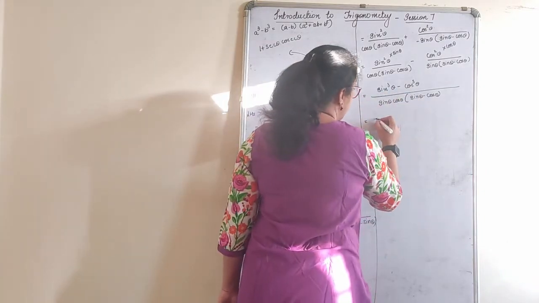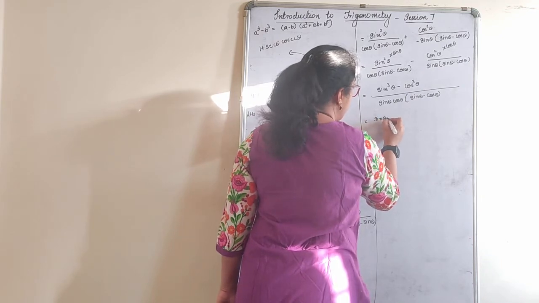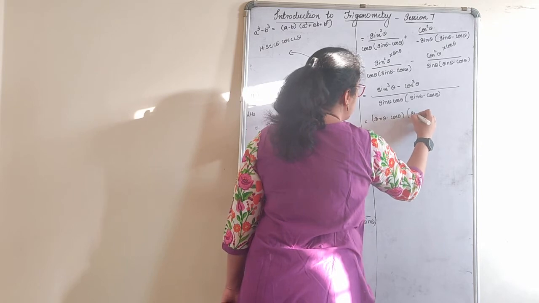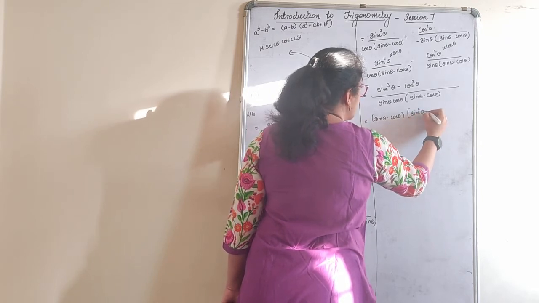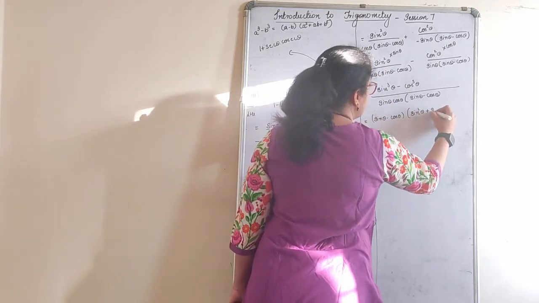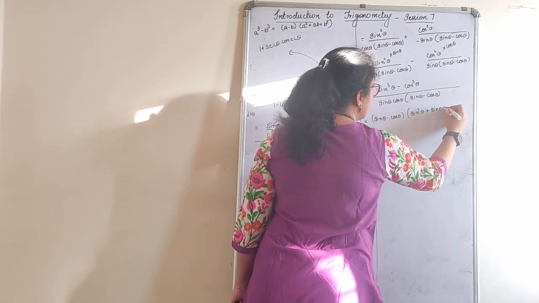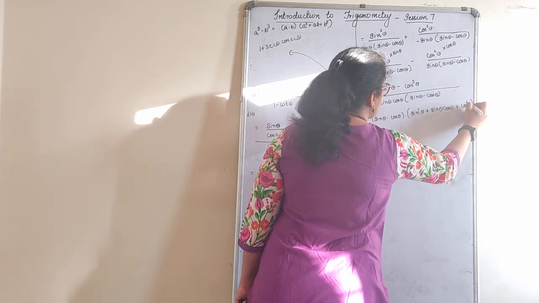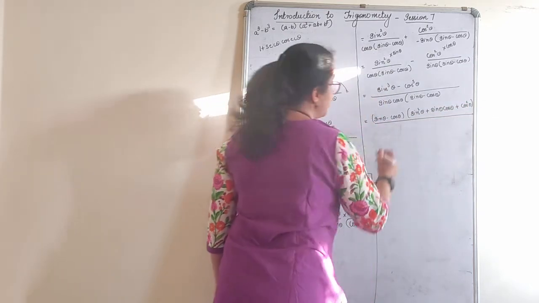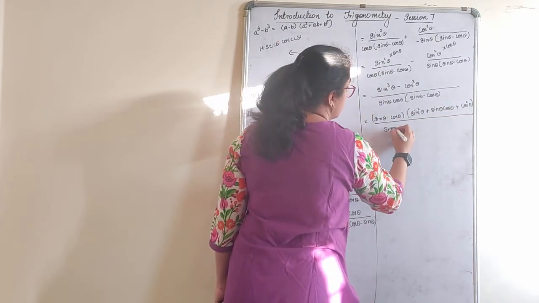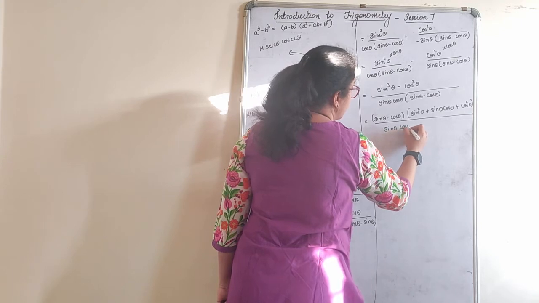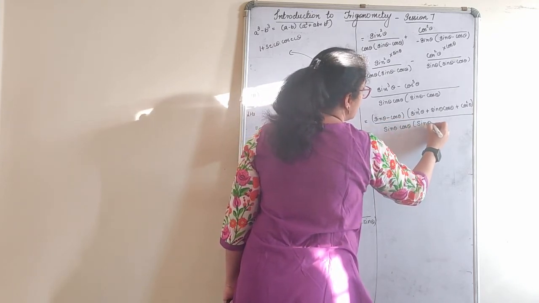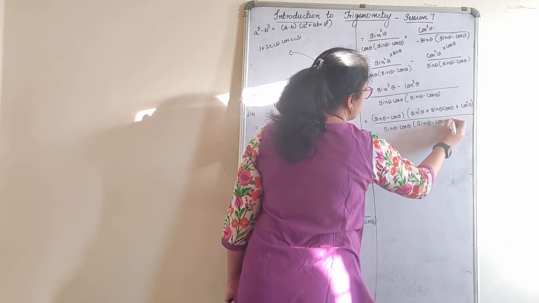A cube minus b cube, a is sine, b is cos: a minus b of a square plus ab, sine theta cos theta, plus b square, divided by sine theta into cos theta of sine theta minus cos theta.